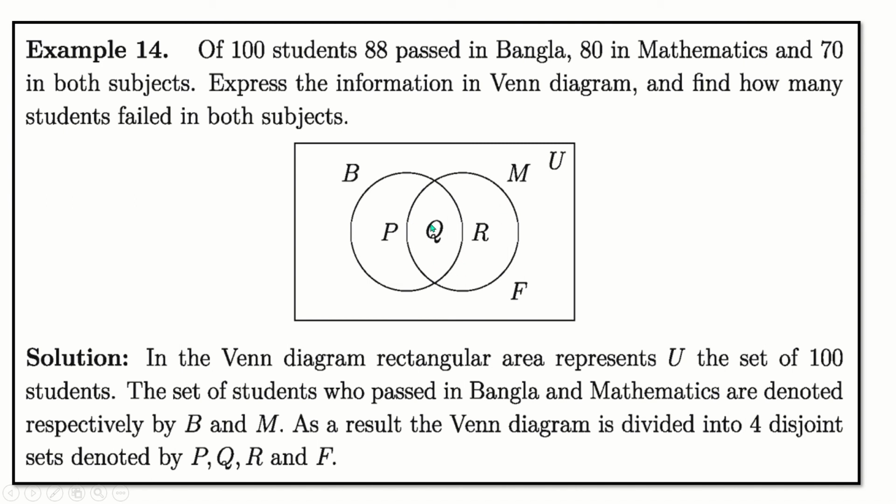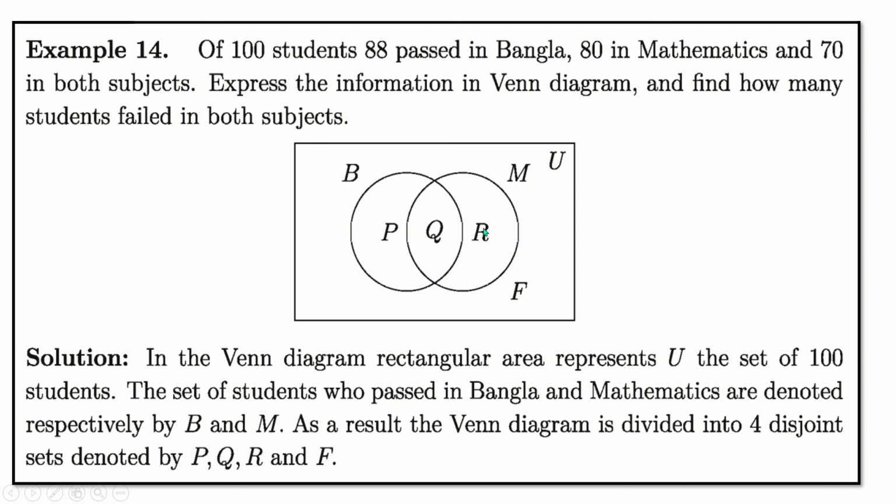And Q means the students who passed in both subjects, that is 70. Okay, so Q is equal to 70 and the total of B is 88. So P is equal to what? P is equal to 88 minus 70, that means P is only 18.